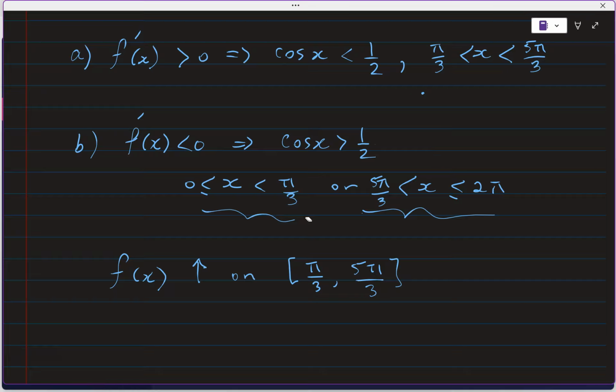And then what it means is that the function is decreasing on two intervals, and that is first from 0 to pi over 3 and 5 pi over 3 to 2 pi. I have to make sure that the notation is correct. Is the round bracket and pi inclusive, okay?